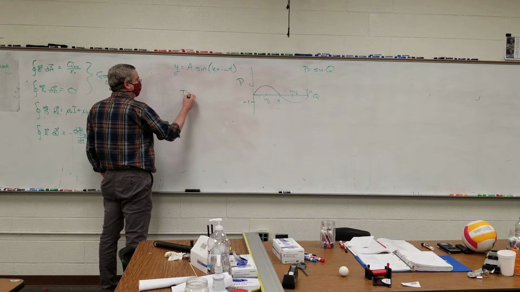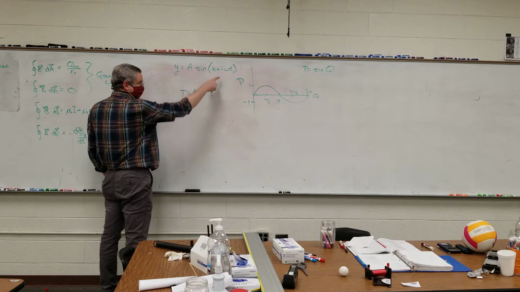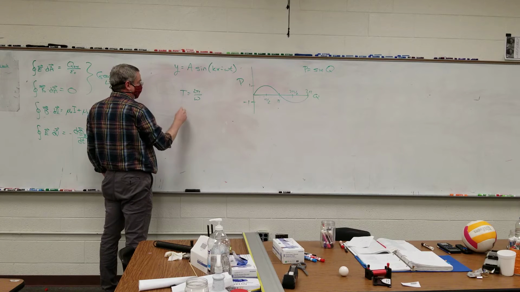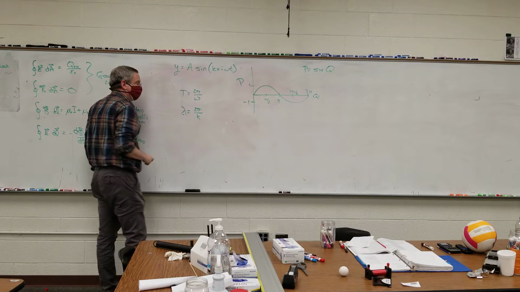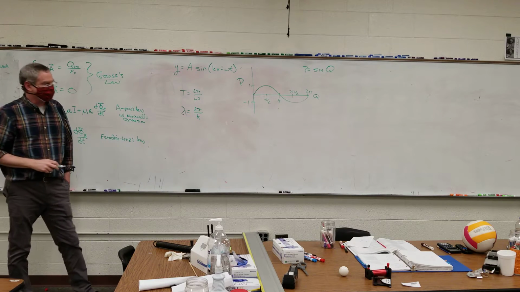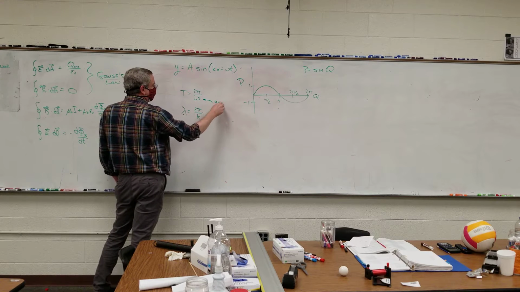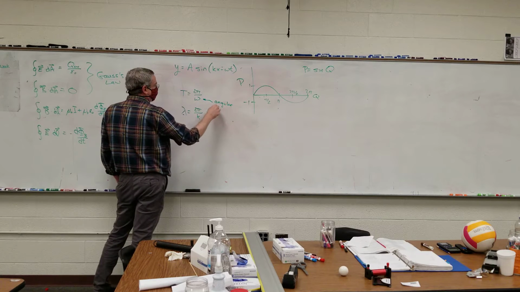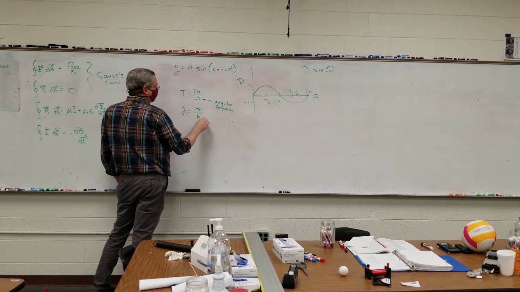The period is 2 pi divided by the coefficient of the time variable, and the wavelength is 2 pi divided by the coefficient of the x. This omega is the angular frequency, and k is called the wave number.